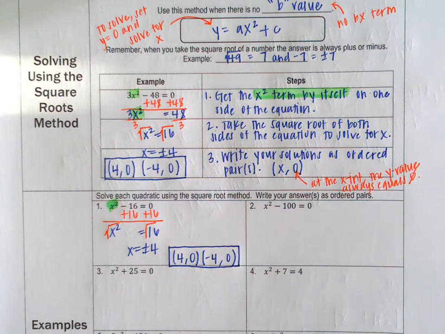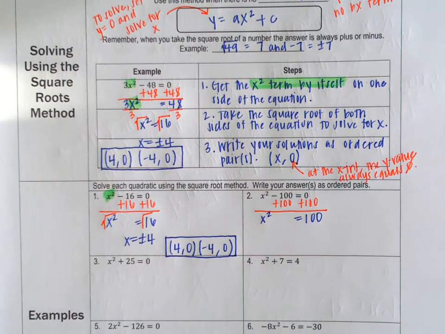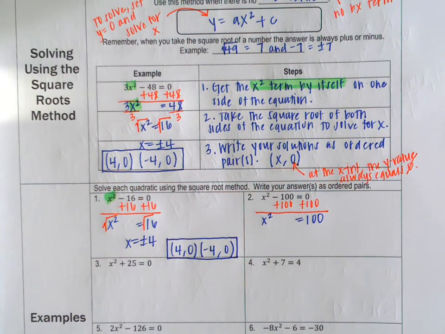Okay, so what I want you guys to do is look at 2, and do the first step on your own. So what's the first step that you would do on your own here? And if you thought move the 100 over, you would be correct, and that's exactly what I did. So from there, what's our next step? Take a second, think about your next step.